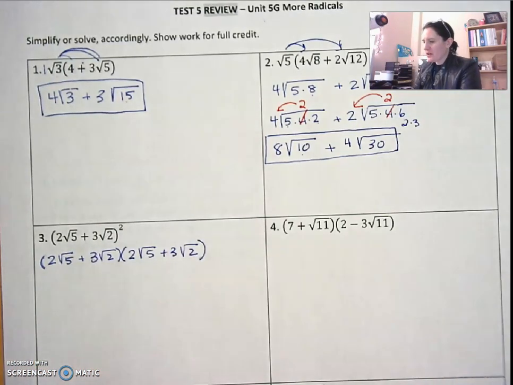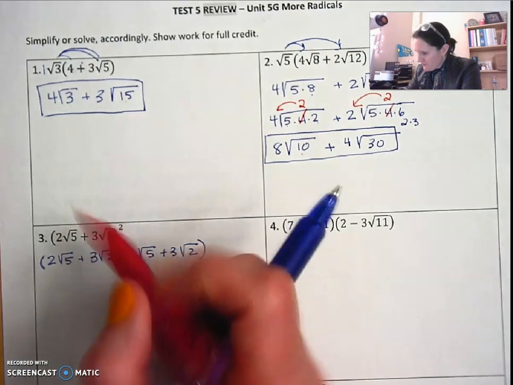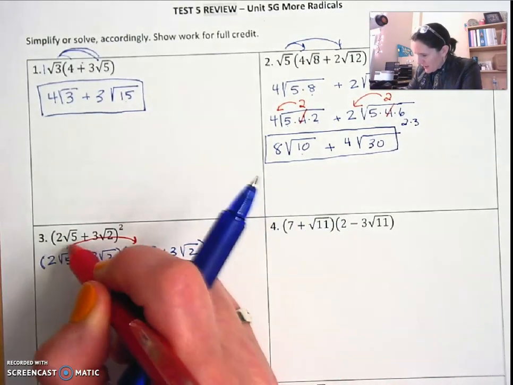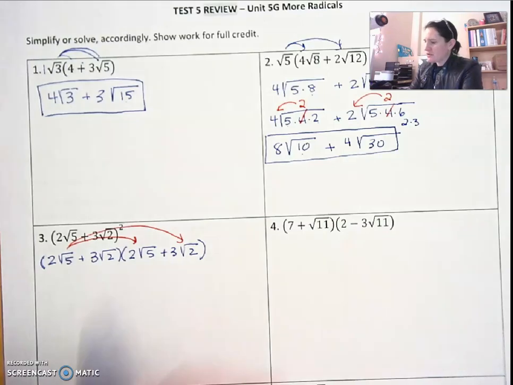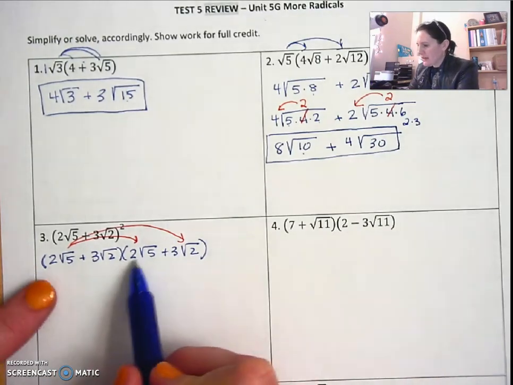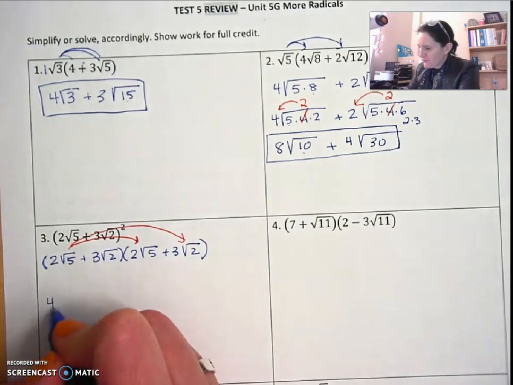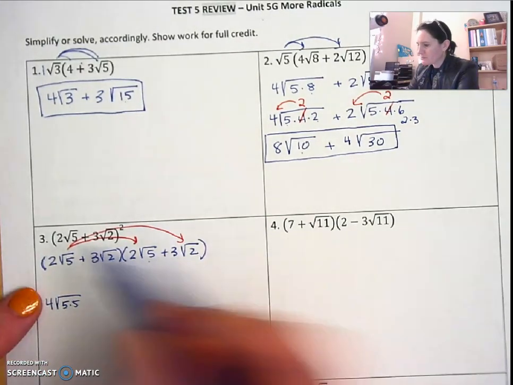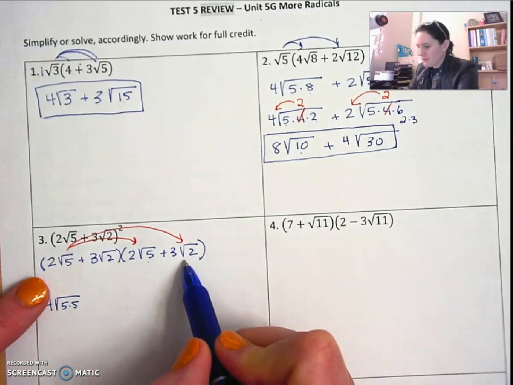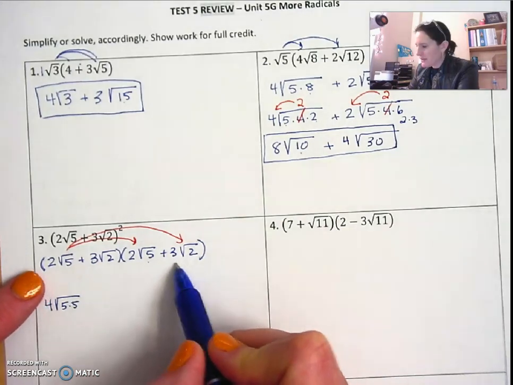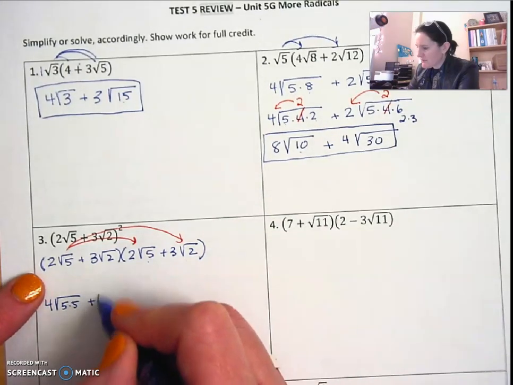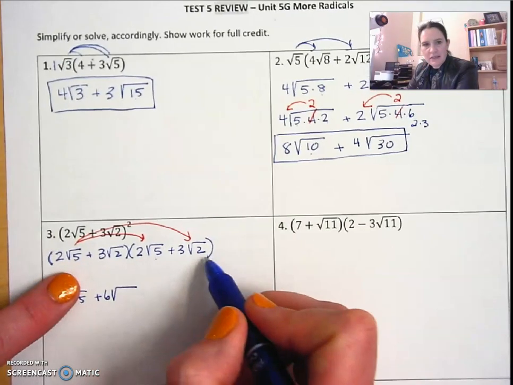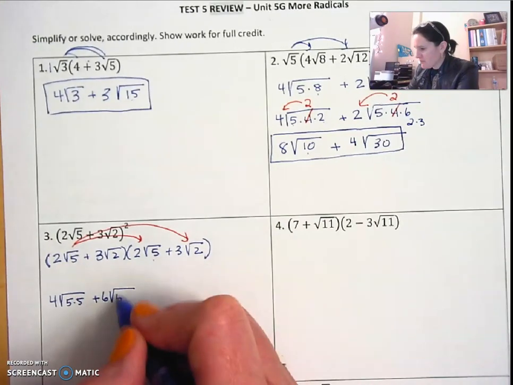So I'm going to start by distributing the first term. 2 radical 5 times 2 radical 5. That's the outsides are 4. And the insides are 5 times 5. Then multiplying these two together, the outsides give me 6, and the insides give me 5 times 2.